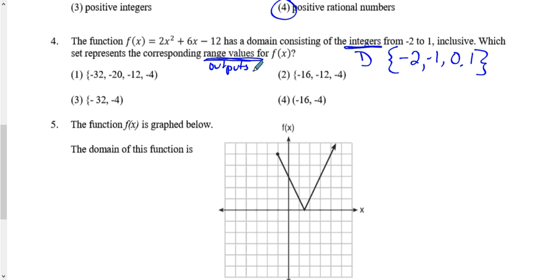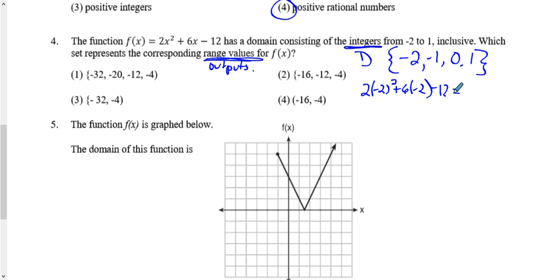So how do we get the range, the outputs that go with the corresponding domain? You plug each one of them in, right? We don't have to be too formal. So let's do -2. 2 times -2 squared, plus 6 times -2, minus 12.